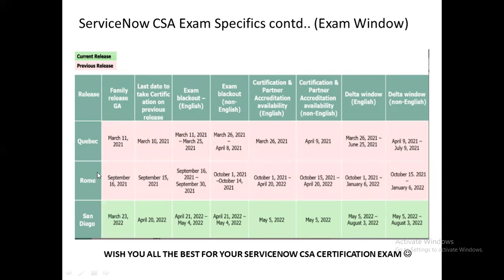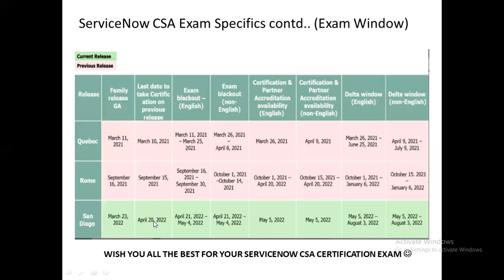So now understand this concept. It says last date to take certification on previous release. Which means if I were to apply for an exam today in ServiceNow CASA or any module of ServiceNow, it cannot be in Quebec, nor can it be in Rome, if you see this, right? Which means that ServiceNow no longer offers exams on Quebec or Rome upgrades.